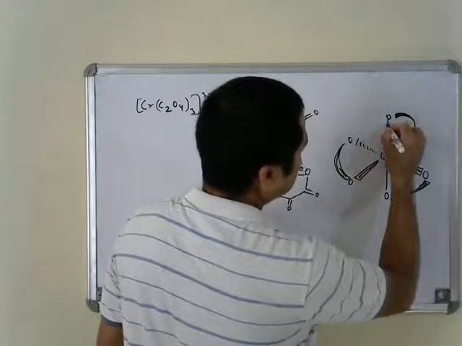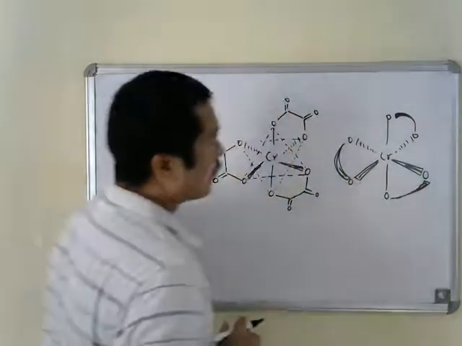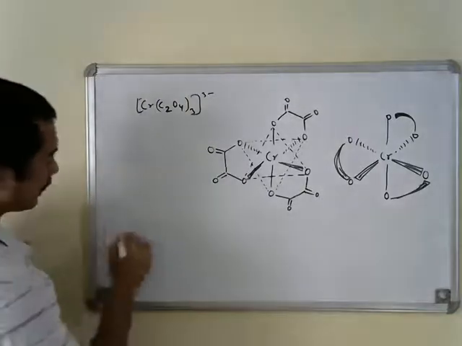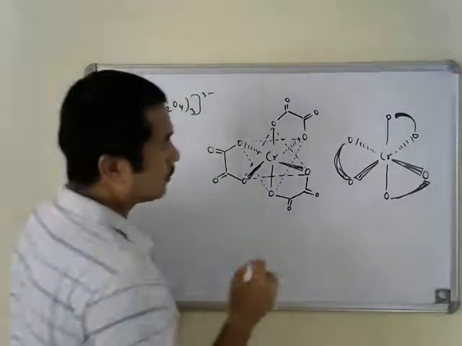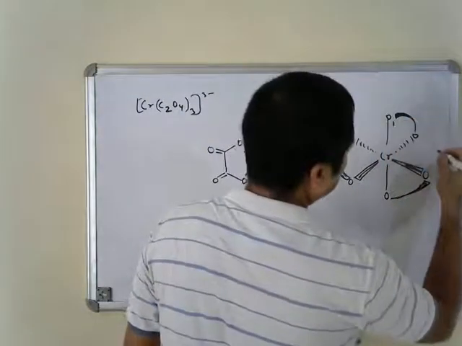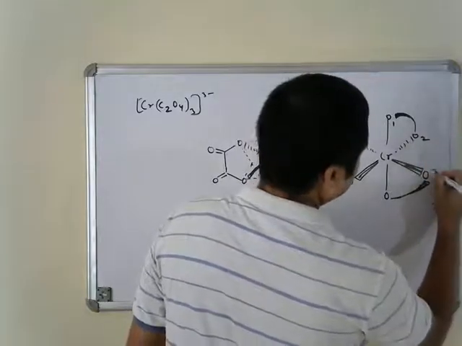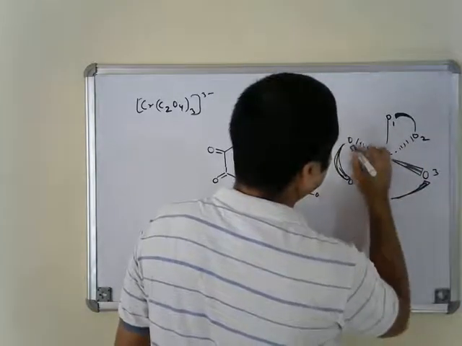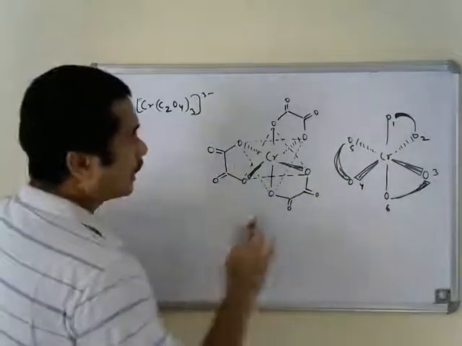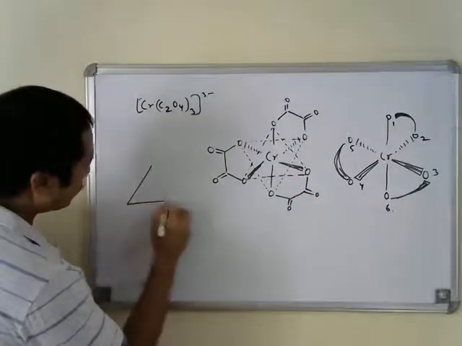Same we are going to do in this case as well. And now you can see the triangular faces more clearly. You can also number these atoms, maybe 1, 2, 3, 4, 5 and 6, and let us draw the triangles now.